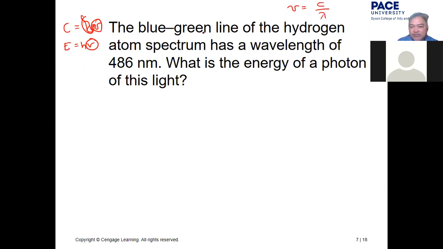C over wavelength, and you end up with hc over wavelength. Try to see, because this will not be given to you. You have to derive this from these two given formulas. So ask yourself, can you do the math yourself?